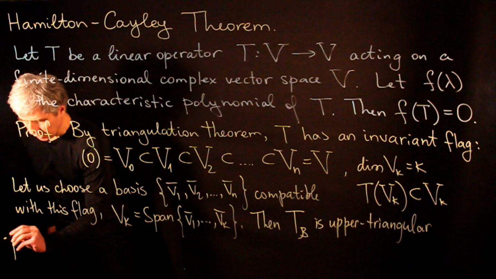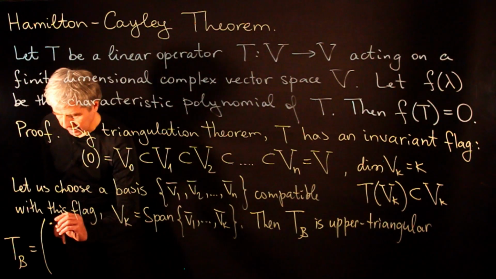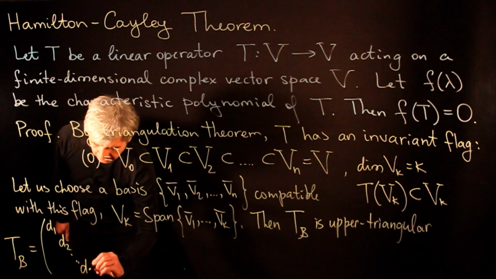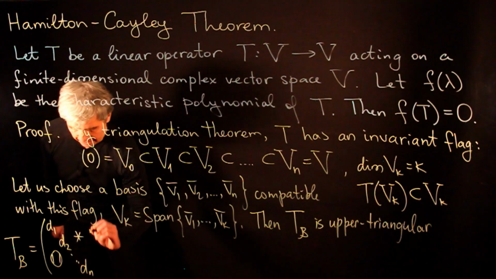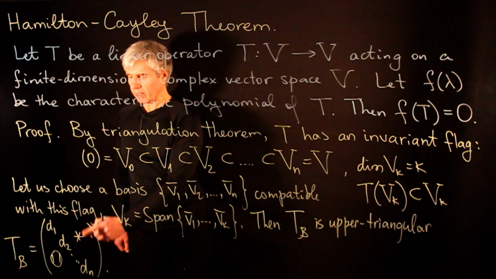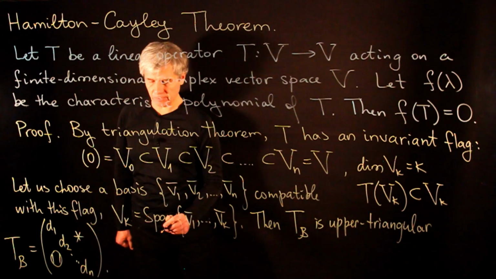Let us write down this matrix. So here, on the diagonal, we have d1, d2 up to dn. We have something above the diagonal, and we have 0 below the diagonal. The columns of this matrix tell us how this linear operator acts on our basis vectors.